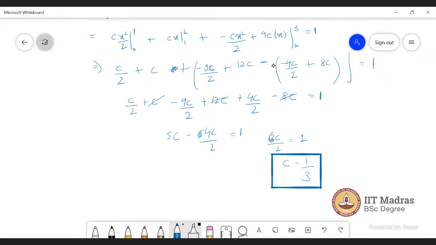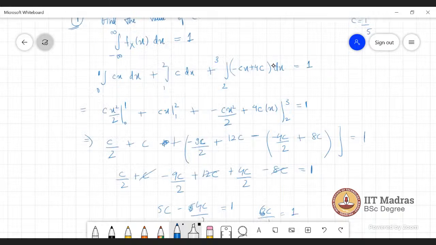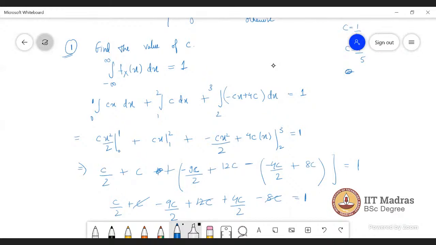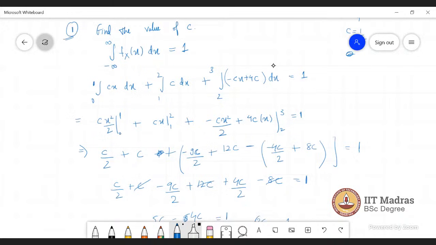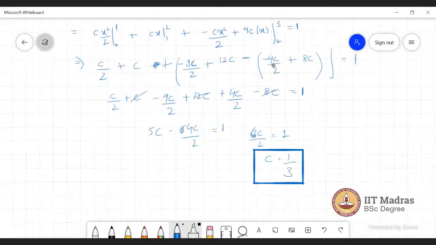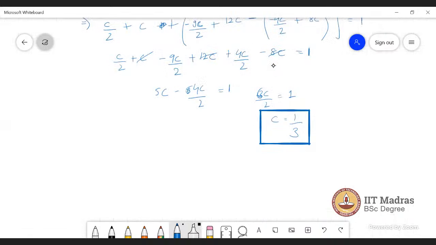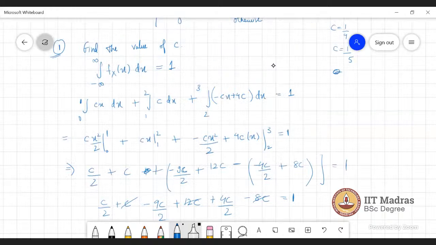I don't know how you solved it. Nobody got 1 by 3? Yes, ma'am, you had got 1 by 3? Yes, ma'am, 1/3. You should have told, no? Okay. So the value of c that we are getting is 1/3. So please do the integration properly. The basic integration, I hope you all know.